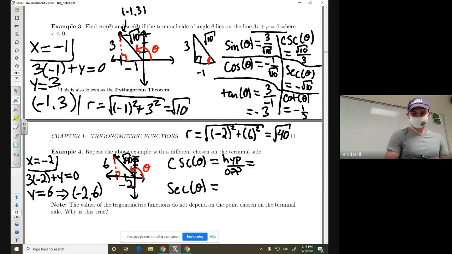And then that is just square root of 40 divided by whatever the opposite was, which is 6. Secant, that's 1 over cosine. Cosine is adjacent over hypotenuse, so now we use hypotenuse over adjacent.